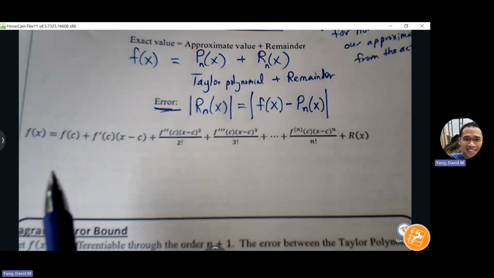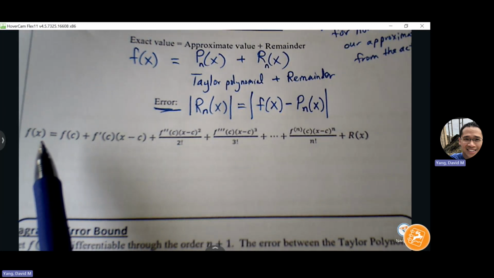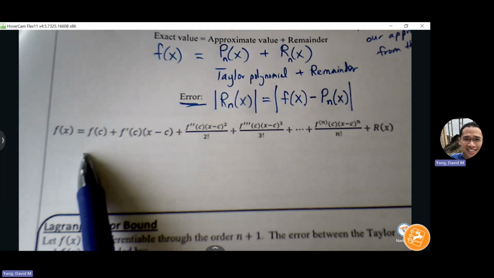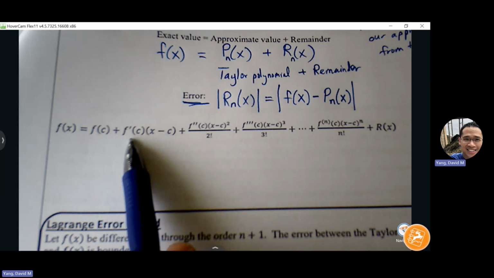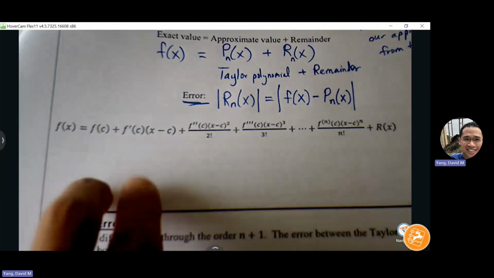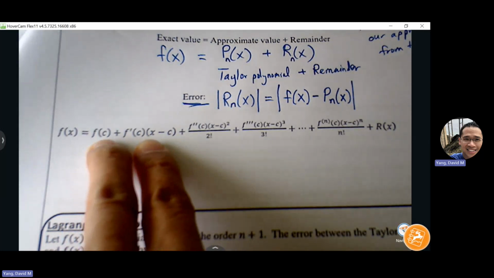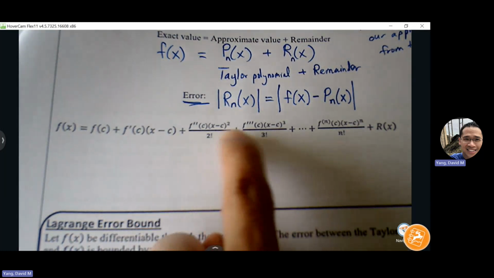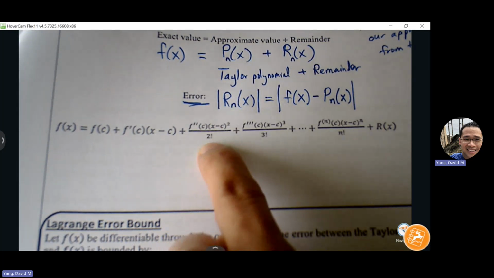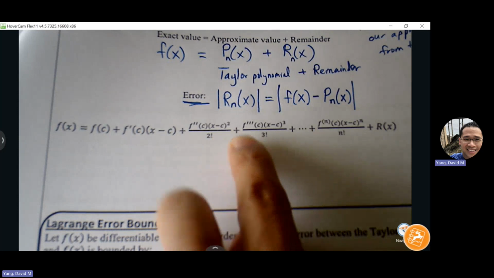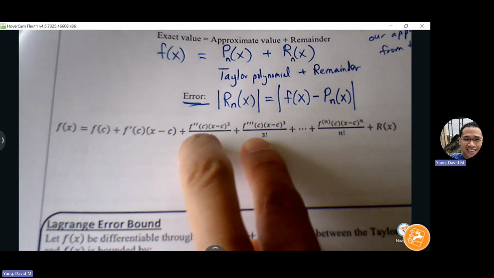Okay, so let's say we want to do an approximation of a function, right? We can start building our Taylor polynomial: f(c) plus f'(c)(x - c), right? We start off with first degree, and then the second and third degree follow a very specific pattern: the second derivative at c over 2 factorial times (x - c) squared.